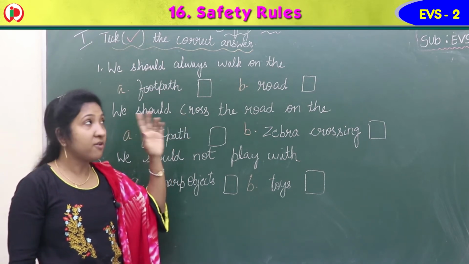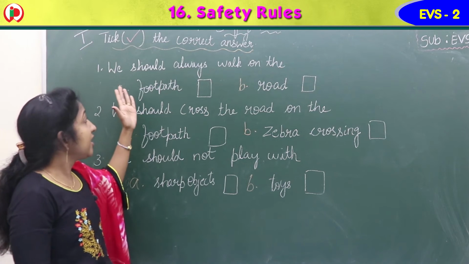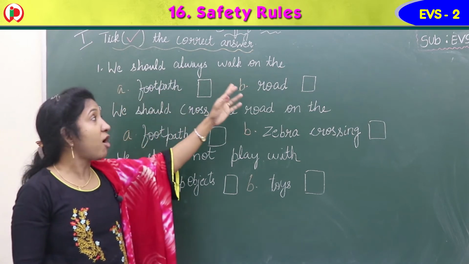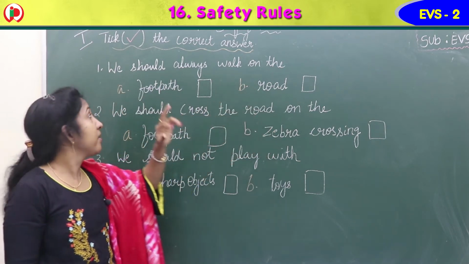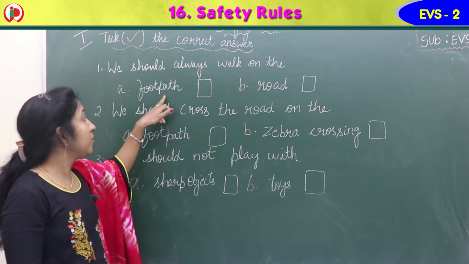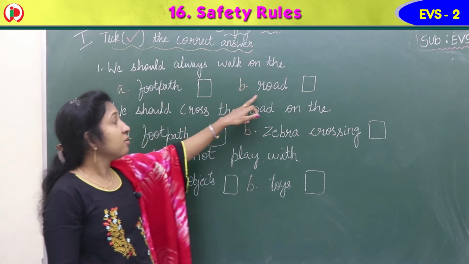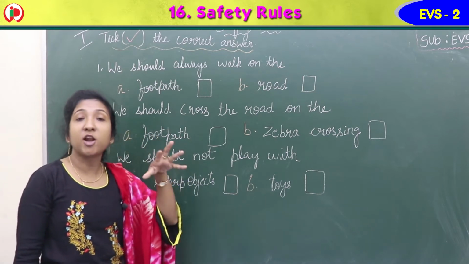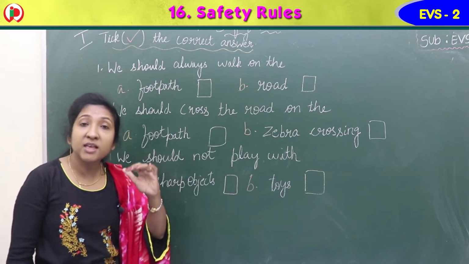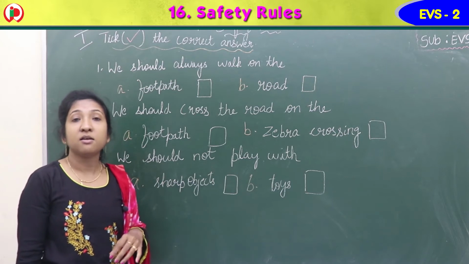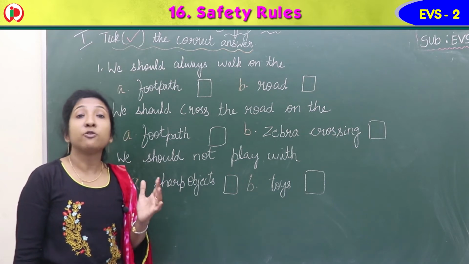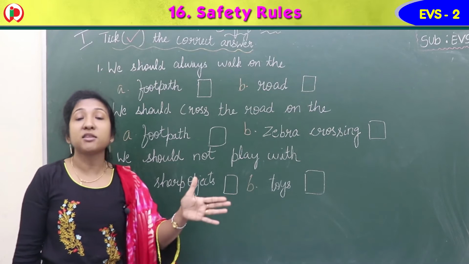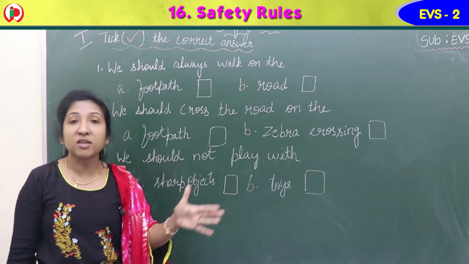The first question is, we should always walk on the option A, footpath, B, road. So where should we walk? If we are on the road, we should always walk on the footpath. There is a path for people to walk there.